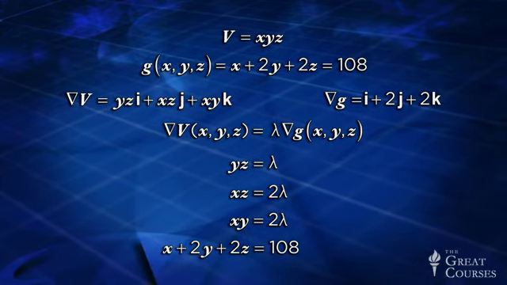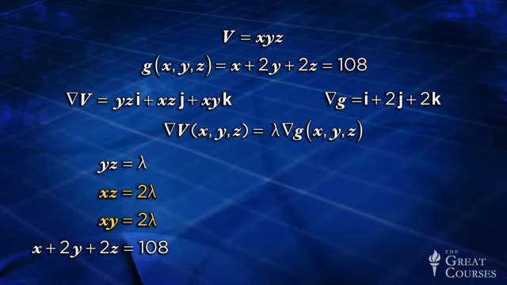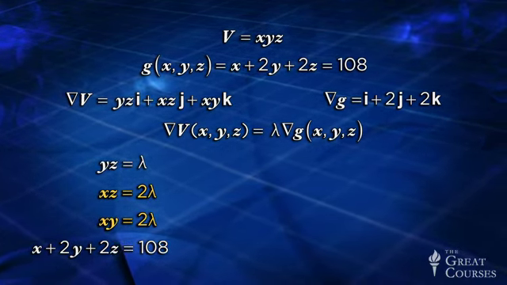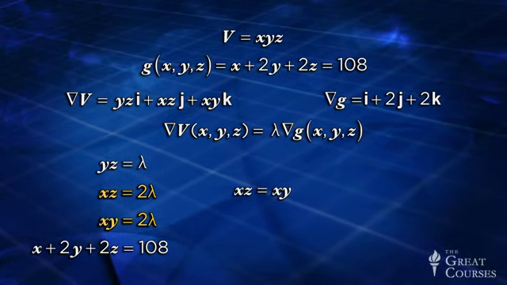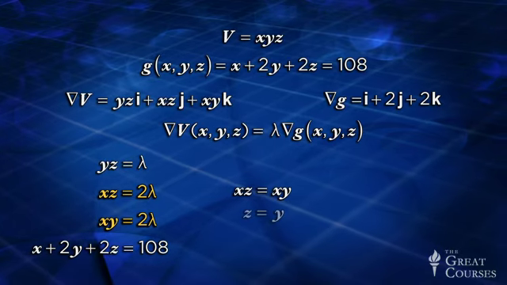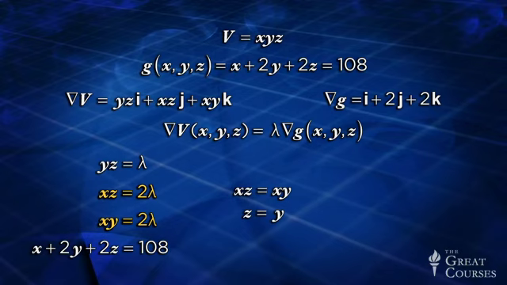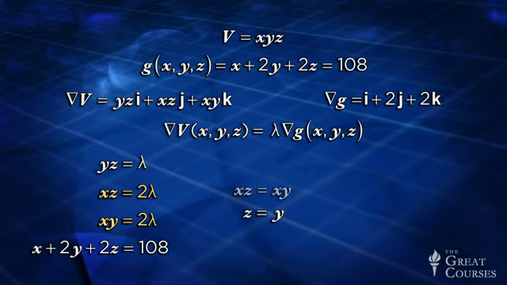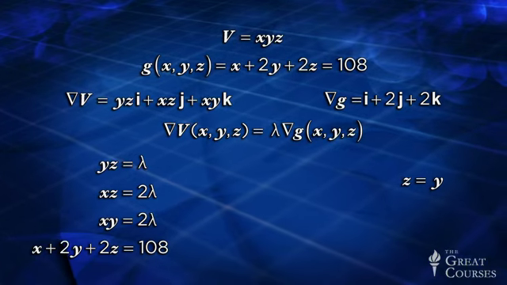Here we go. From the second and third equation, you have xz equals 2 lambda and xy equals 2 lambda. So they're equal to each other. xz equals xy. Cancel the x's, and we get the key fact that z equals y. And again, by symmetry, you probably already knew that. Let's keep going.